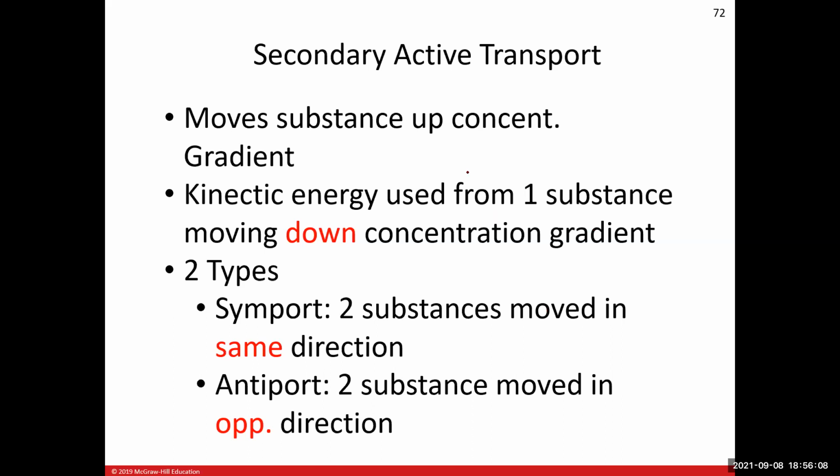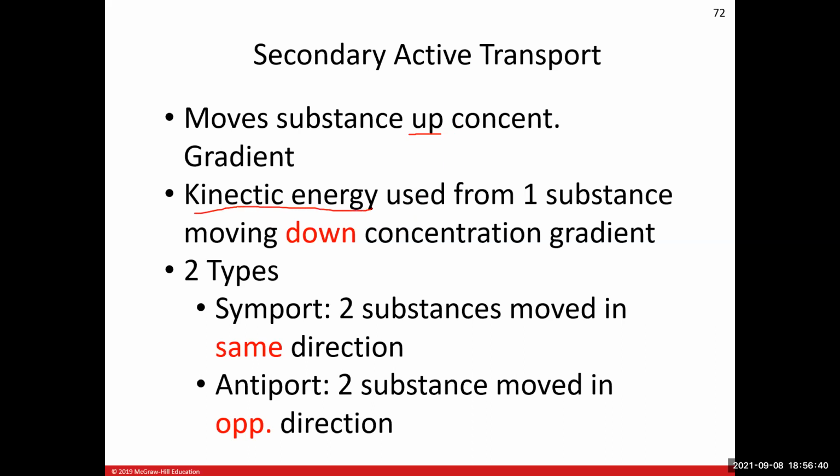Secondary active transport is a little bit different here. Again, it's going to move substances against or up their concentration gradient. But now it's a little bit clever, because with secondary active transport, these mechanisms are going to utilize the movement of 2 substances. But one of those substances is going to be moving up its concentration gradient. While it's doing that, it's going to generate kinetic energy.